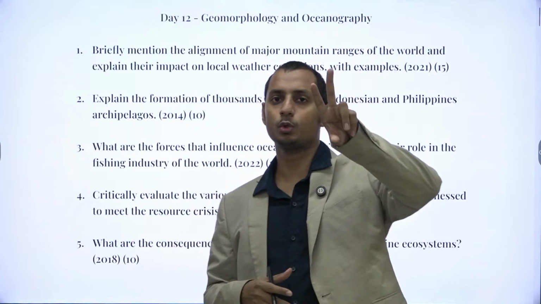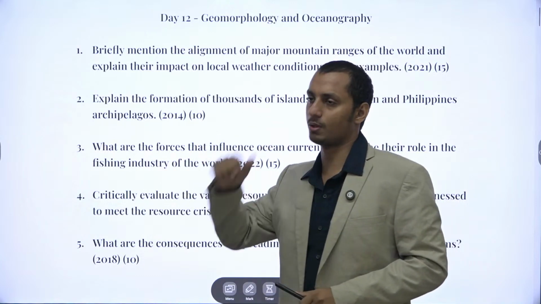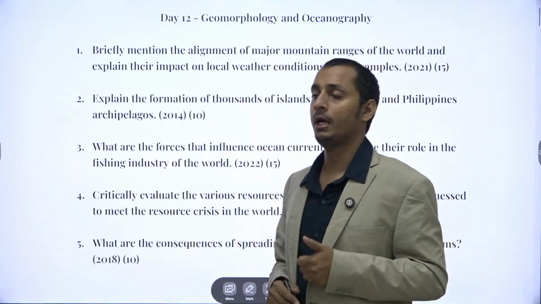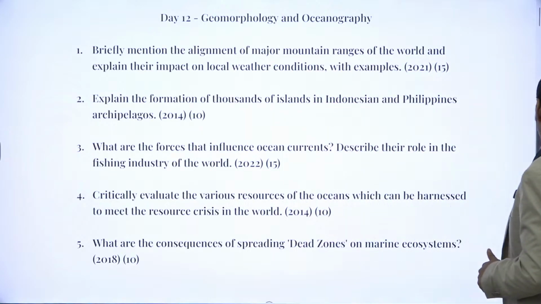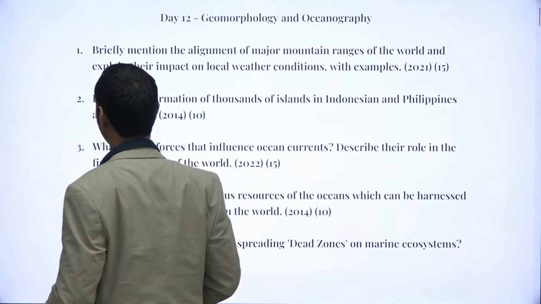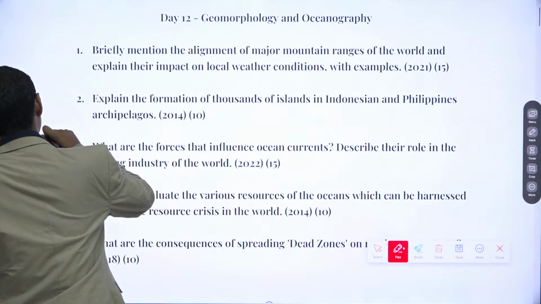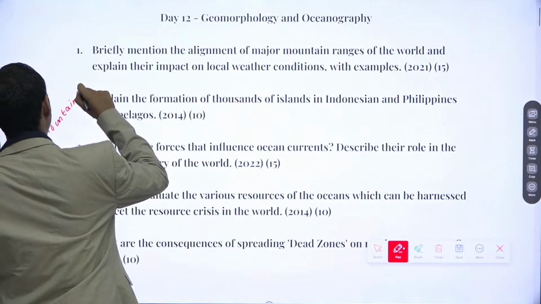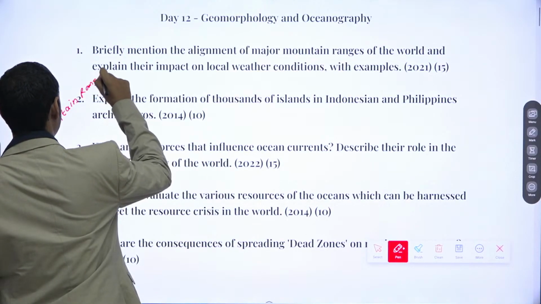But the two most important topics that you need to focus on in geomorphology and oceanography are these. In case of geomorphology, you need to learn about the different mountain ranges, be it the fold mountains, be it all the mountain ranges.